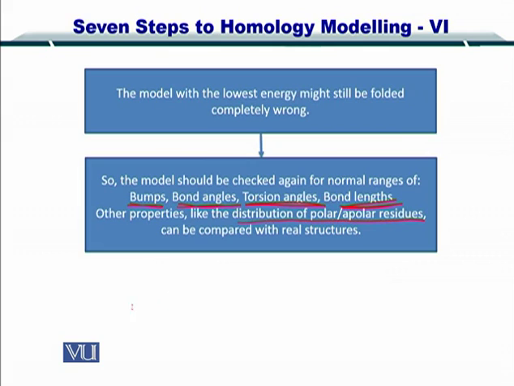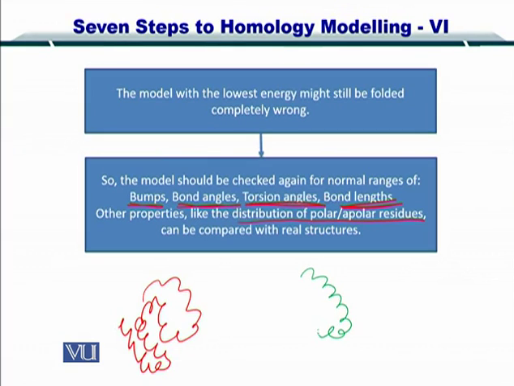So for instance, if you have a protein like this, so this does not have an obvious bump. However, if you have a prediction such that you have helices and then there is a portion in the protein that is protruding out of the main structure, so you want to reevaluate this structure.